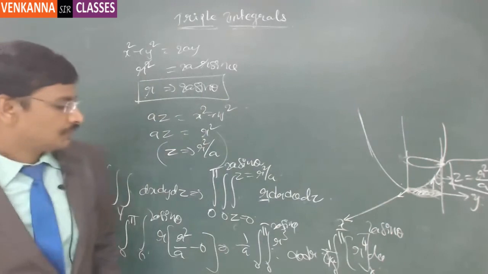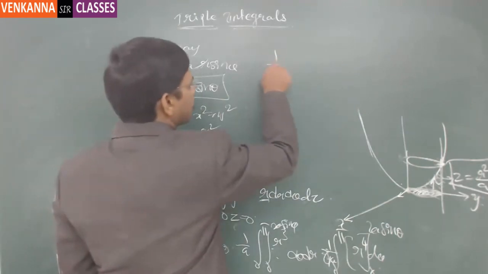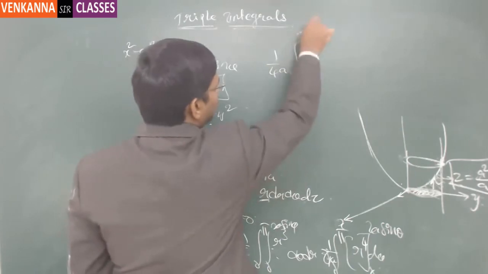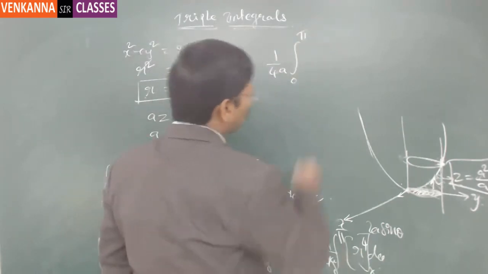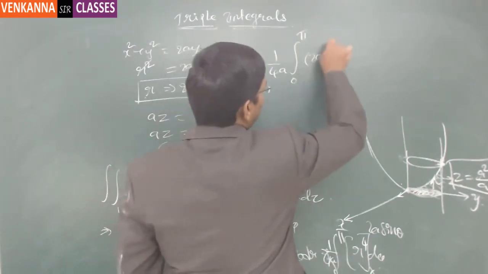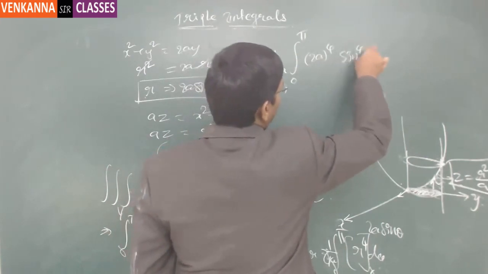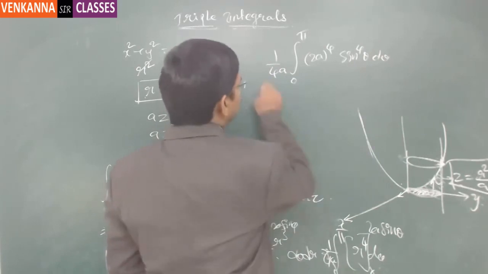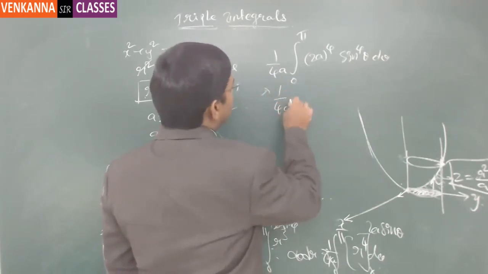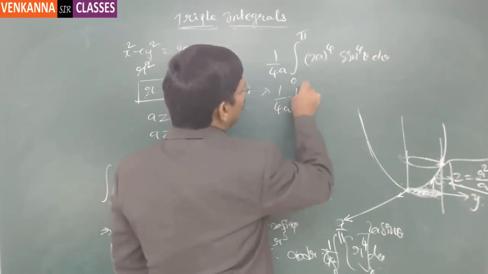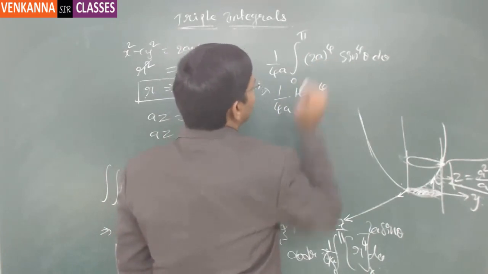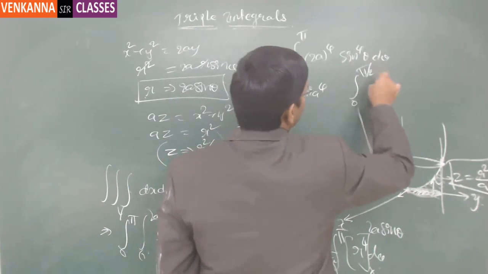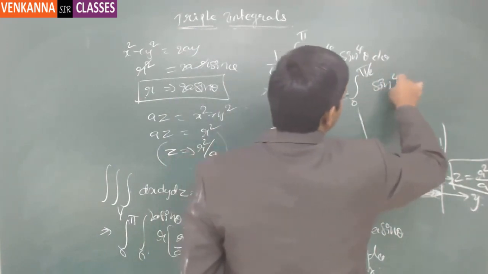And then, so 1 by 4a integral 0 to pi. So r power 4 is 2a whole power 4, sin power 4 theta d theta. So this will be 1 by 4a into 2 power 4, which is 16, into a power 4, into integral 0 to pi by 2 sin power 4 theta d theta.